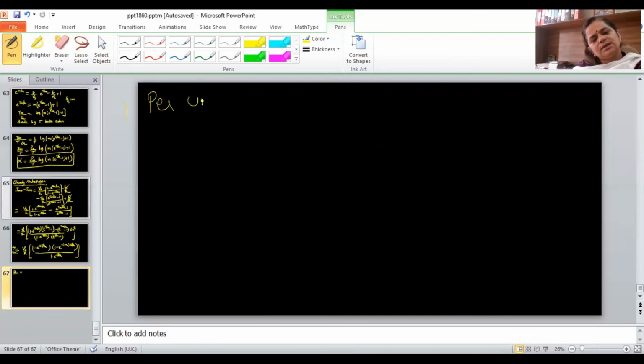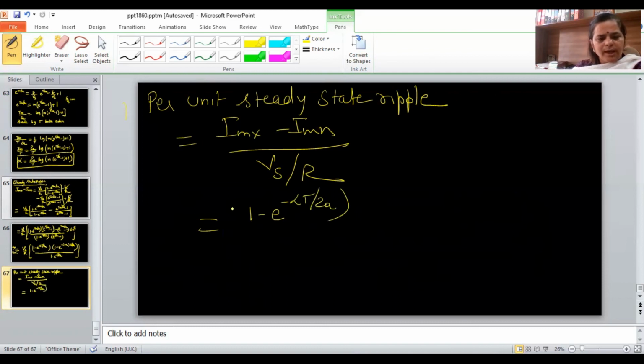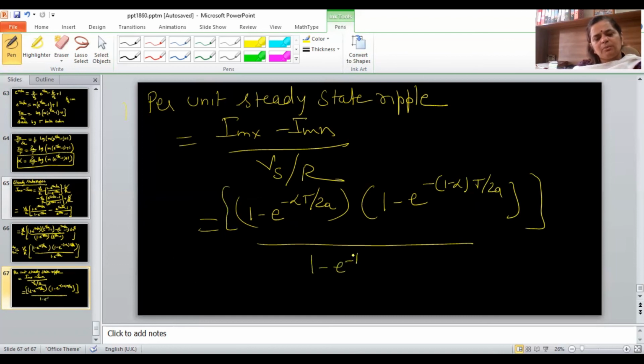Per unit steady state ripple, that you are going to calculate, that is I max minus I minimum divided by Vs by R. So what am I going to get? 1 minus e to the power minus alpha T by τ, 1 minus e to the power minus (1 minus alpha) T by τ, divided by 1 minus e to the power minus T by τ. This is the per unit steady state ripple.